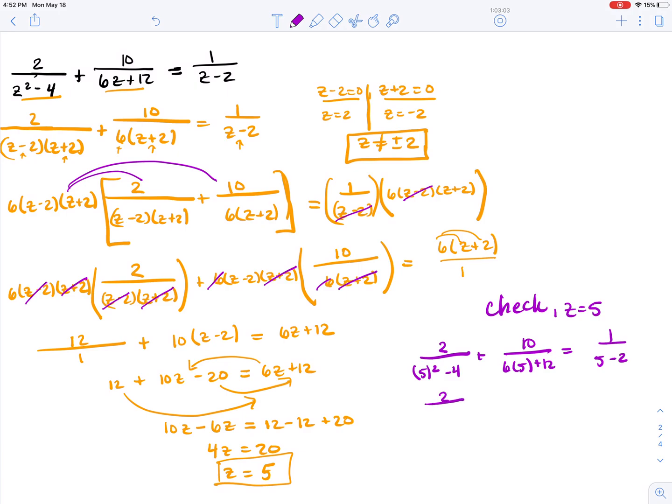So 2 over 25 minus 4, 21. Then I have plus 10, 30 plus 12 over 42, over 1/3.